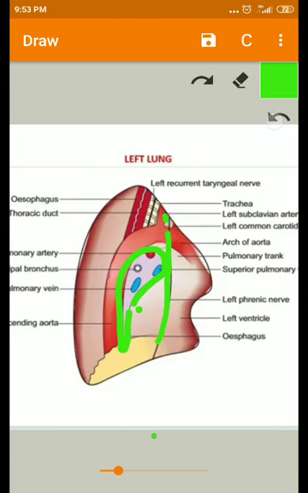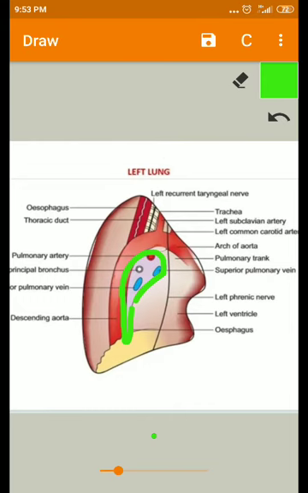In the same way, another nerve coming at that part is the left vagus nerve. So these are the relations on the left side, anterior aspect, of the mediastinal surface.